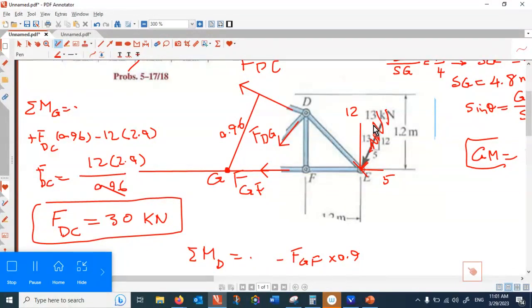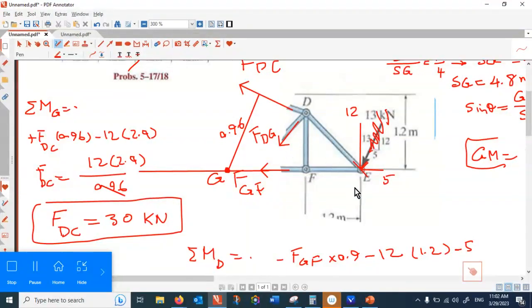And what else? 12 with respect to the D. Does it make positive or negative? That's a negative rotation. Minus 12 times 1.2. And what about 5? 5 also makes a negative rotation. But the arm of rotation is from here to there.